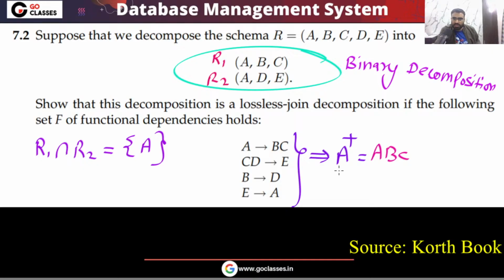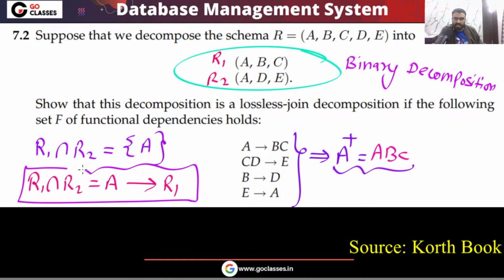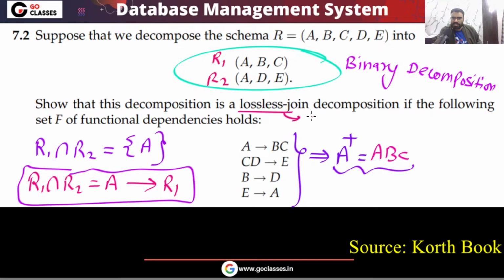Why? Because R1 intersection R2, which is A, is a super key in the table R1. I can say it can derive all the attributes of R1. So that is the reason I can say that this decomposition is lossless. Okay, so the answer is yes, this decomposition is lossless. Okay, understood?